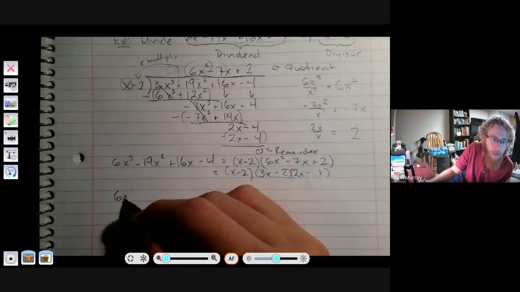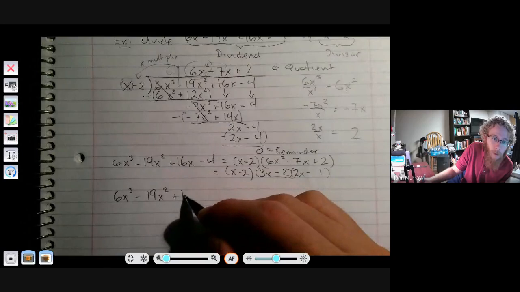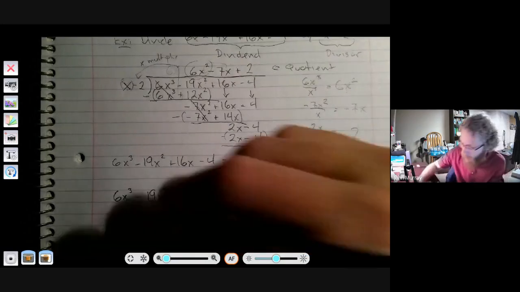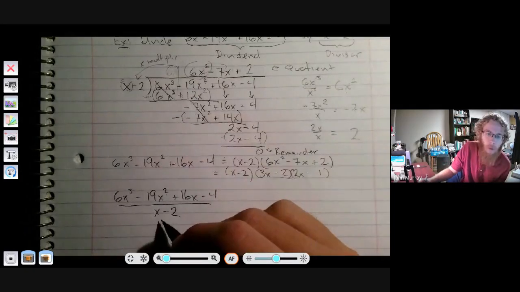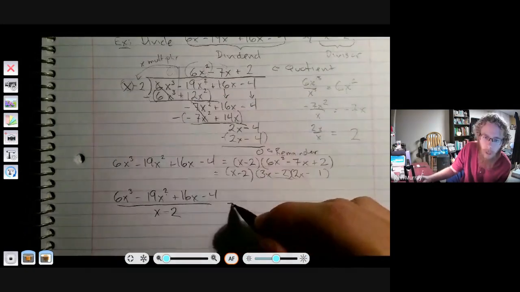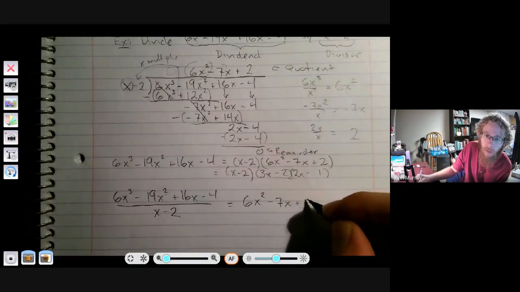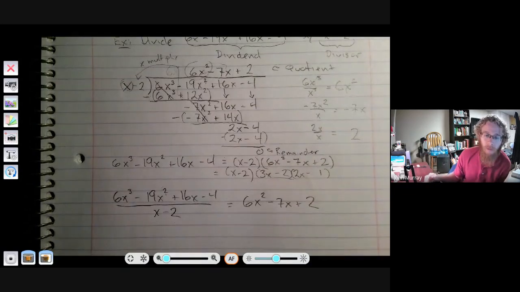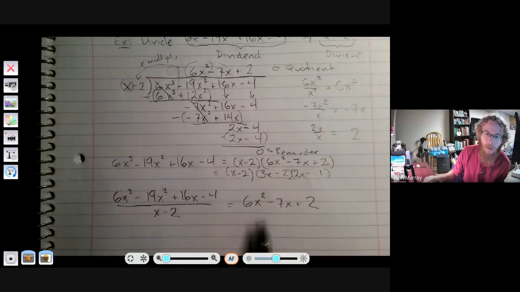So 6x cubed minus 19x squared plus 16x minus 4 over x minus 2. What do we get when we divide those two? We get what we had up there, 6x squared minus 7x plus 2. Notice this first equation up here and this one down here are equivalent. All I did was move this x minus 2 from one side of the equation to the other.